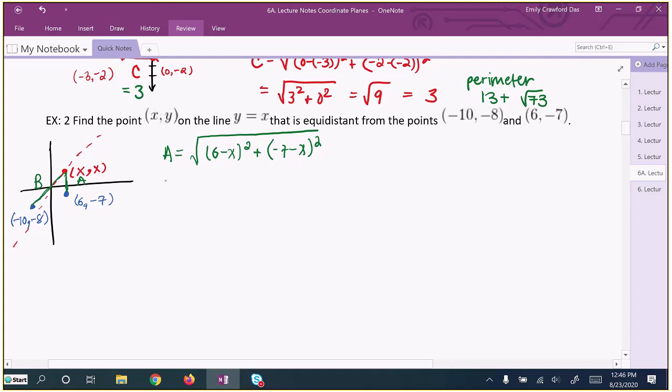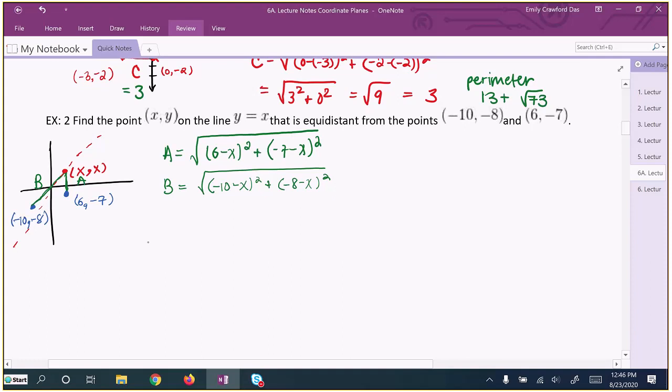What if I had the distance b? The distance b, well, that should be -10 minus x, everything squared, plus -8 minus x, everything squared. And the problem tells me that I want to find an x that will make these two things equal. Equidistant means equal distance, so the distance a equal to the distance b.